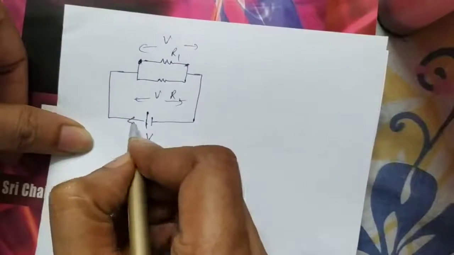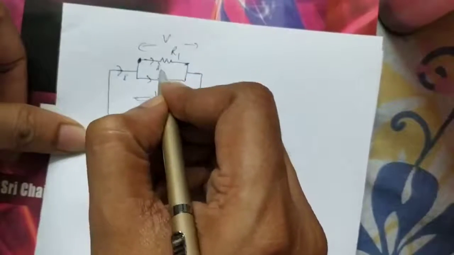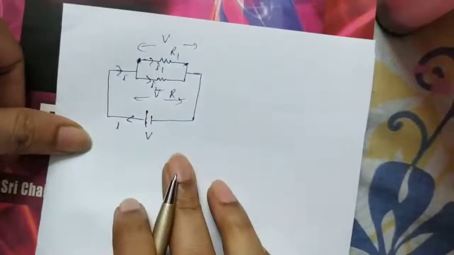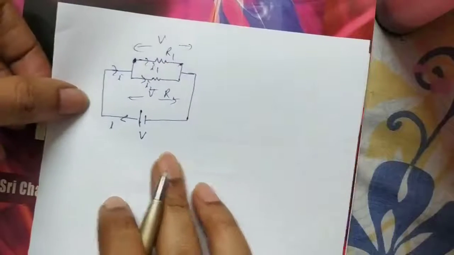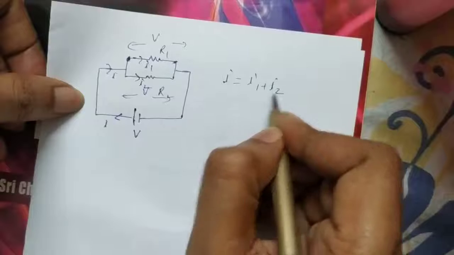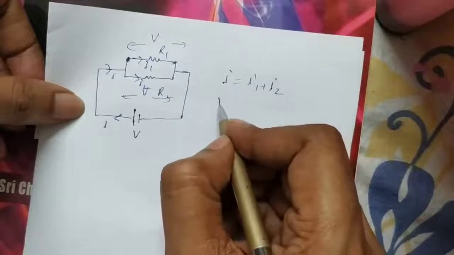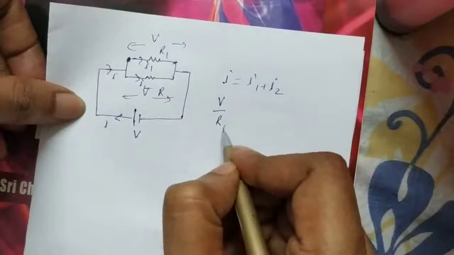What about current? Current flowing through this is I, and I will be split into two parts as I1 and I2. So here total current we can write I is equal to I1 plus I2. Potential is the same, so how can you write the current? Total potential by total resistance. This is a parallel combination, that's why RP.